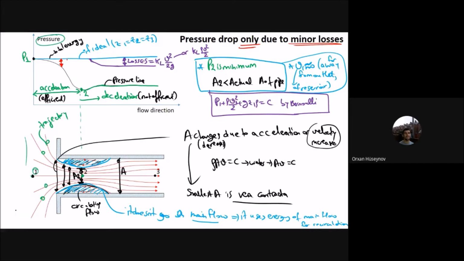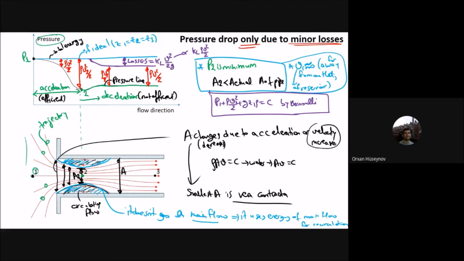That is the kinetic energy of the fluid, rho v squared by 2. Similarly here, you will have rho v squared by 2, and again here, rho v squared by 2.